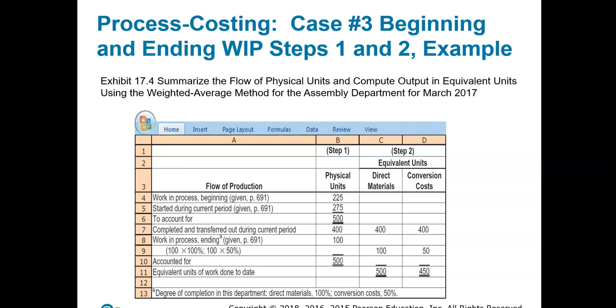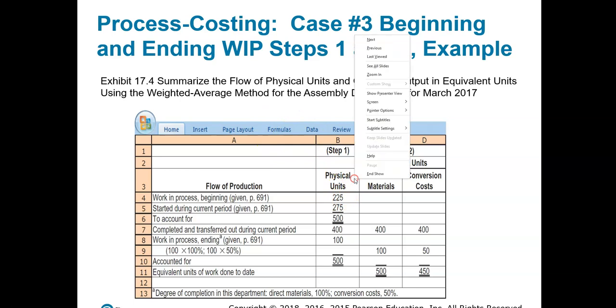We went through the month, but we had work in process ending at the end of the period of 225 units. So February's ending balance is the beginning balance of the following period. Our beginning balance in work in process inventory is 225 units.